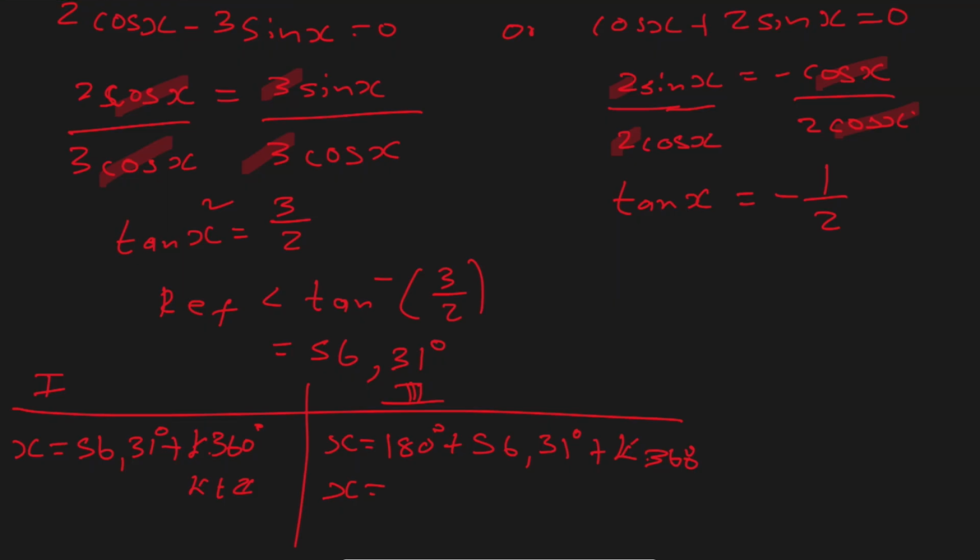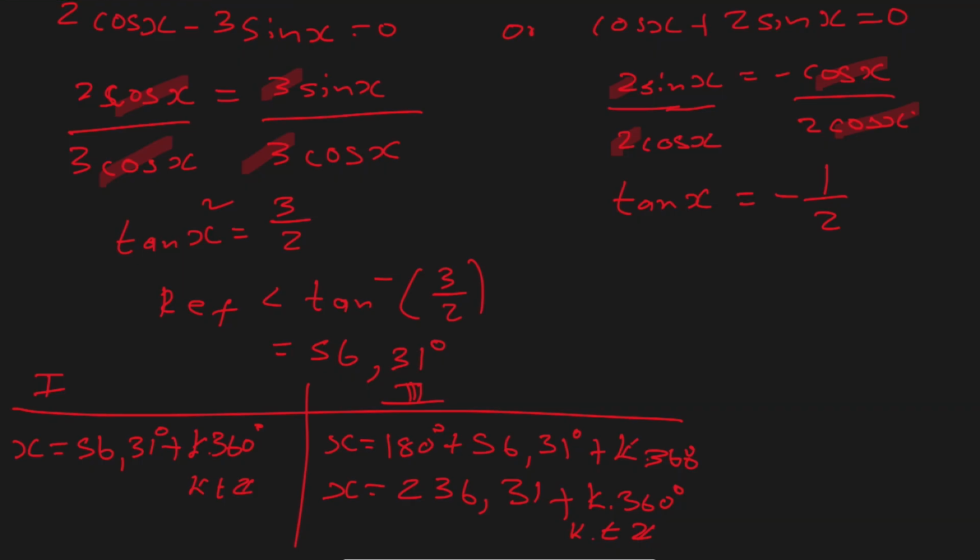If we punch this on our calculator, 180 plus 56.31, that's going to give us 236.31, and then plus k times 360 degrees. So now don't forget to mention that k is an element of integers.